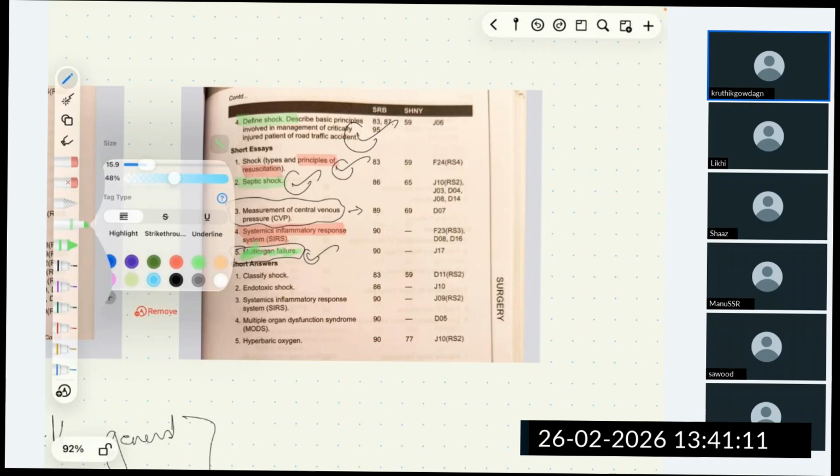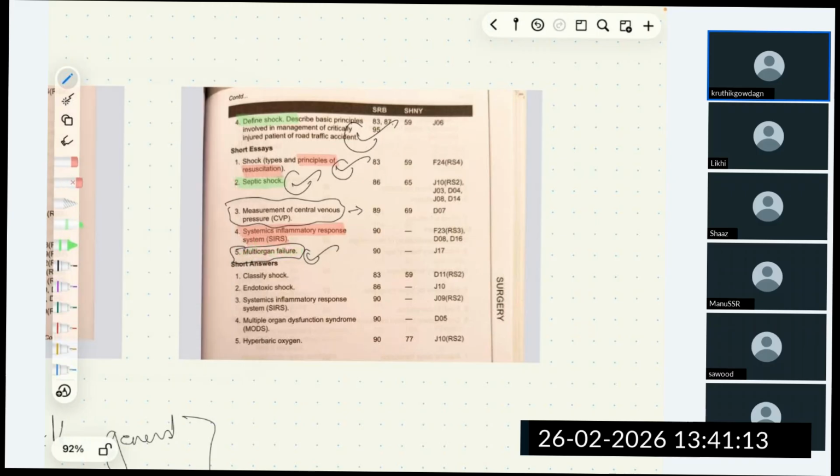Classification of shock we saw. Endotoxic shock we saw. SIRS we'll see now. MODS we saw. Hyperbaric oxygen, please go through this, some points about hyperbaric oxygen. I am leaving it for you.